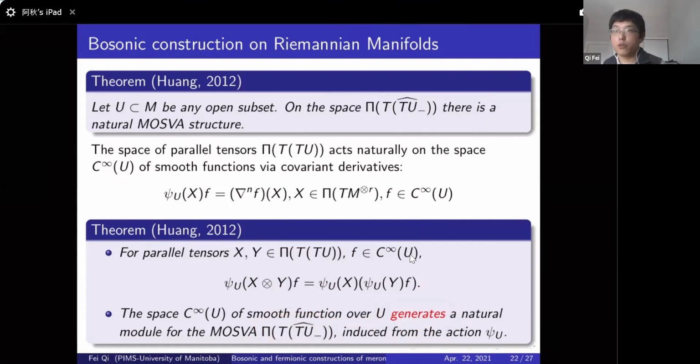And this module is induced from this action psi of U. I said it's generated, which basically means the module is going to be much larger than the space of smooth functions. It's not going to be on the same space, but it's going to give you a lot of different stuff.